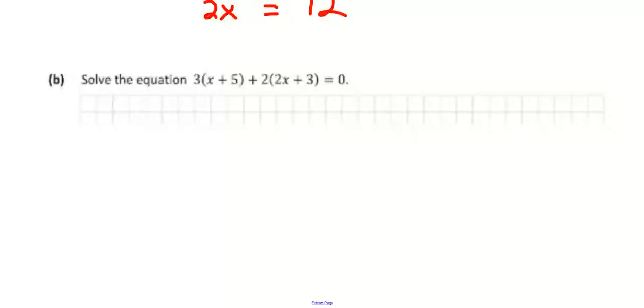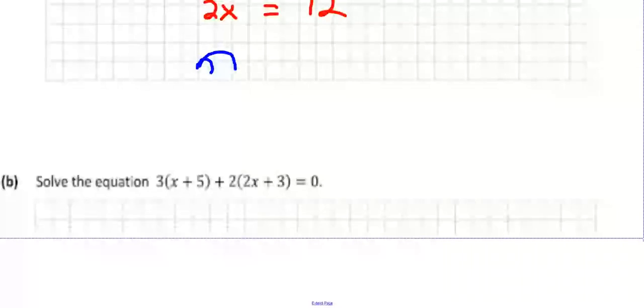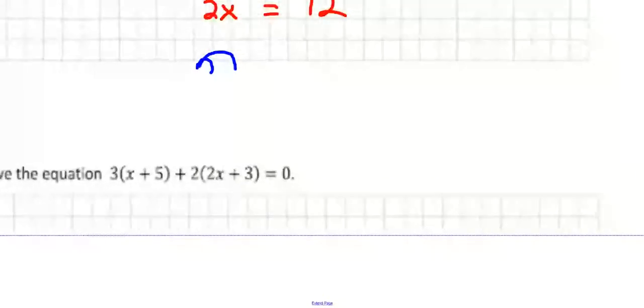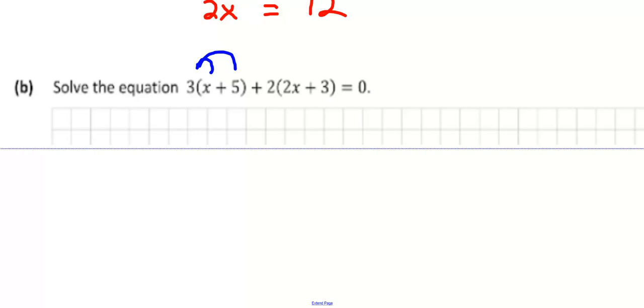Okay, guys. What do I do to do this question? I'll make it larger for you. Okay, you multiply it out, don't you? What do you get? And what else?